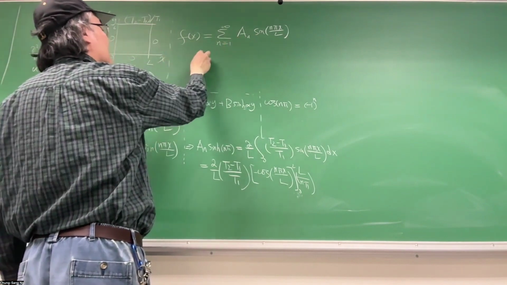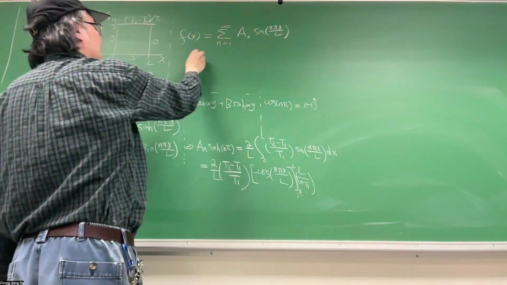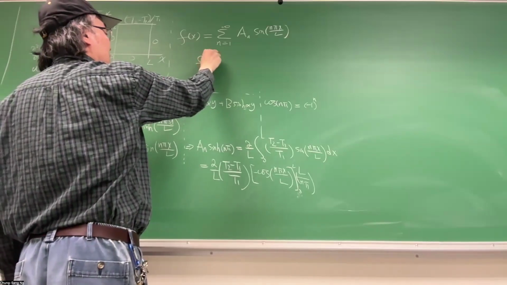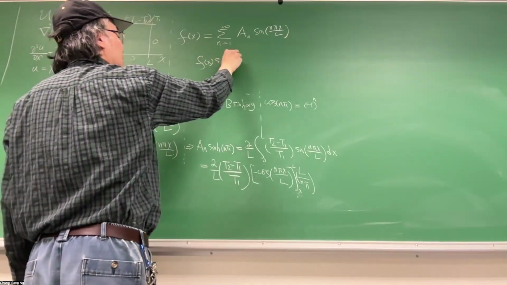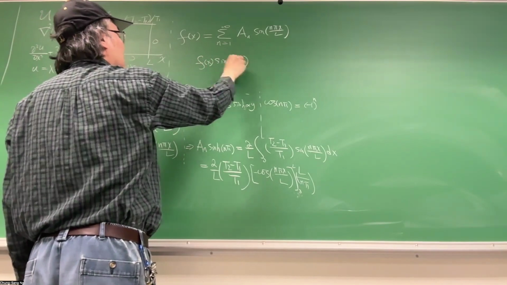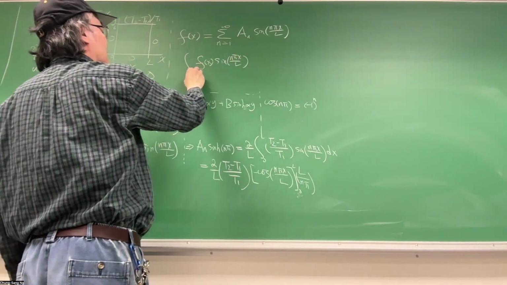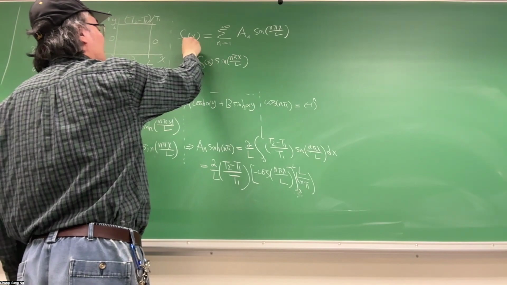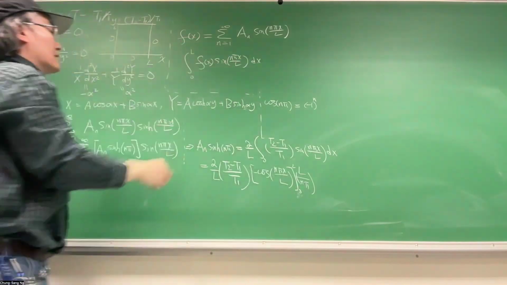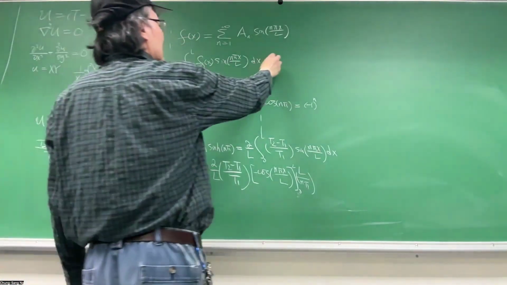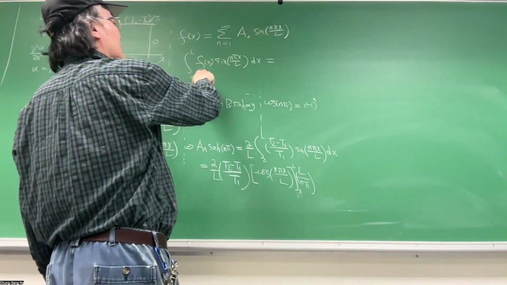So what you do is multiply by the same function, f of x times sine of n pi x over L, and integrate from 0 to L dx. Then you substitute the series into here.